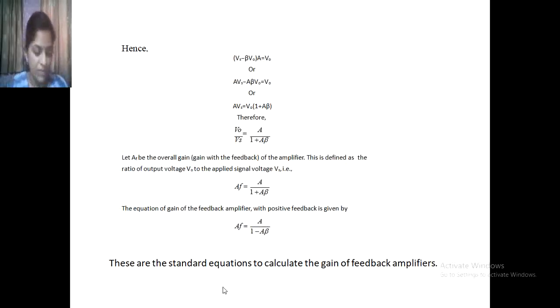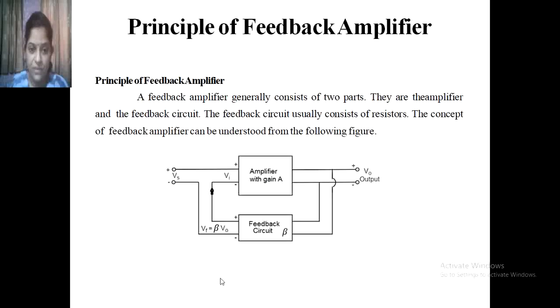Once again, let us look at the feedback amplifier circuitry. A feedback amplifier consists of two parts: an amplifier with gain A, and a feedback circuit with fraction beta. This is the output side, and whatever fraction is extracted, that is Vf equal to beta V0, is fed to the input side.